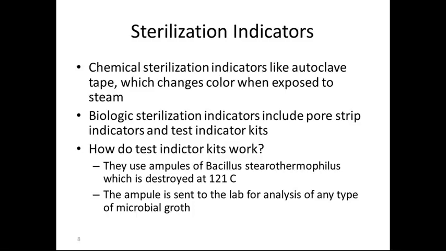How do the test indicator kits work? They use ampules of Bacillus stearothermophilus, which is destroyed at 121 degrees Celsius. The ampule is sent to the lab after sterilization for analysis of any type of microbial growth that may occur.